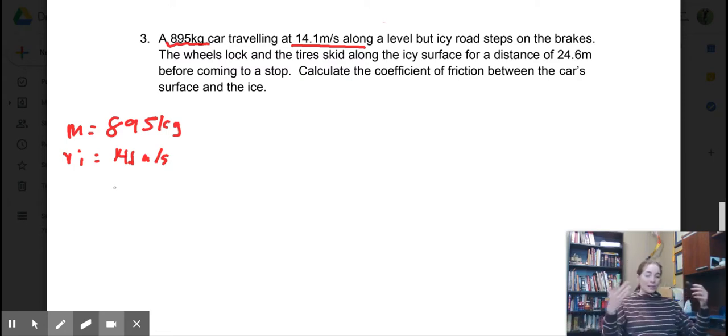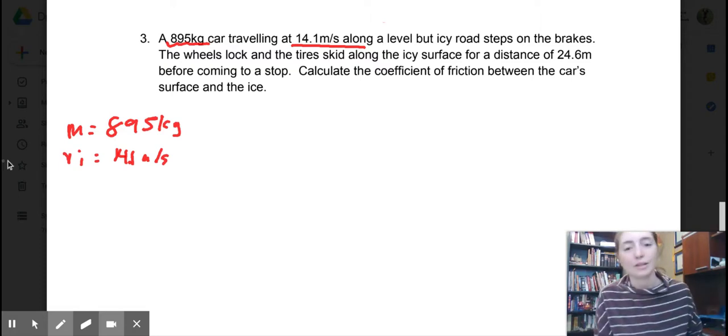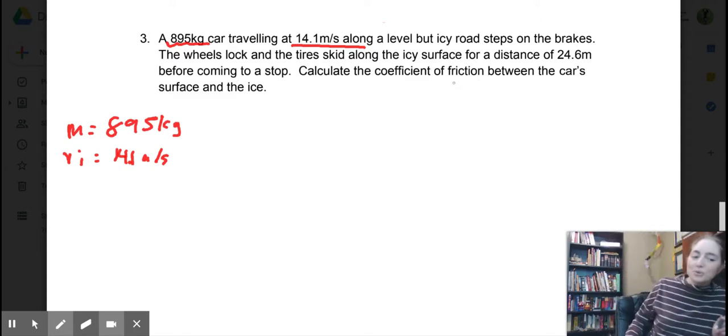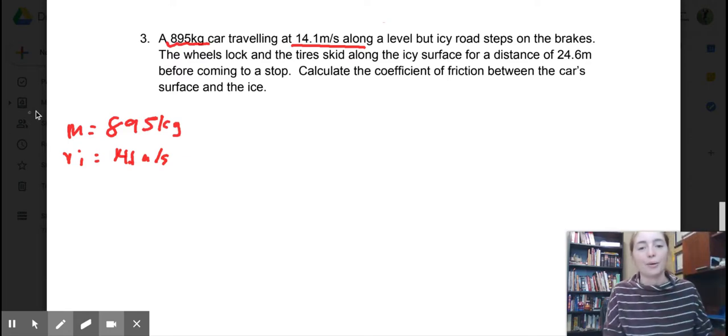So if something's icy and there's not much friction, you're going to have a lower mu. Okay? So when you check your final answer, you want to make sure that mu is going to be a small number. Okay. And the wheels are going to lock, and the tires are going to skid along the icy surface.